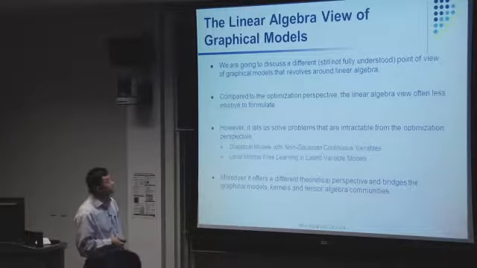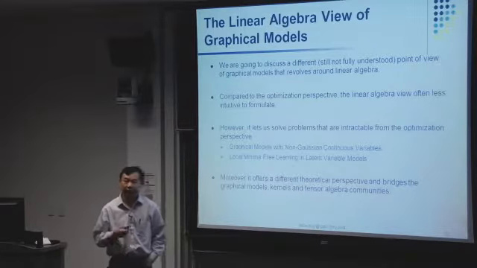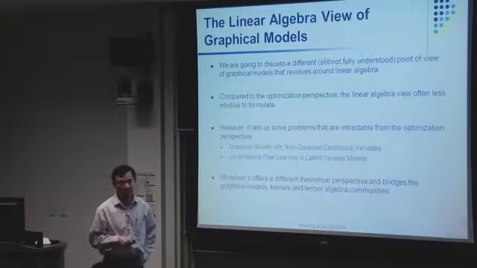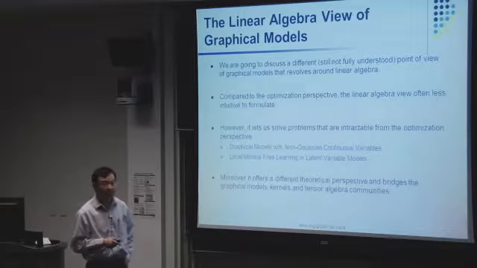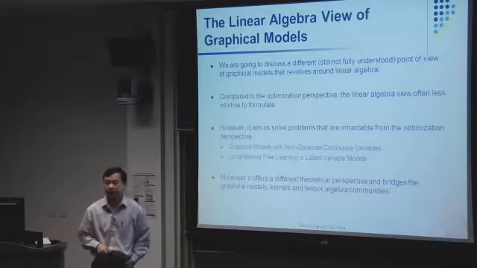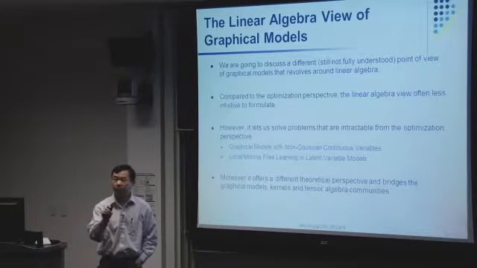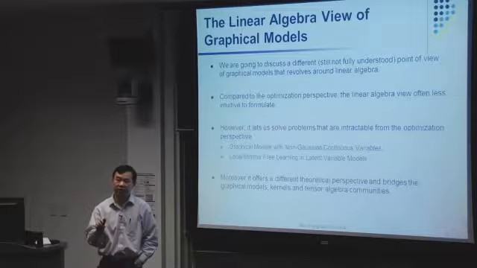And the other view that I'm going to try delivering today, I'm not sure whether you can really get it back after 3 lectures, is this linear algebraic view of graphical models. And in that view, the focus is on operation, not on objective. Okay, we don't actually explicitly write down a loss function or anything.